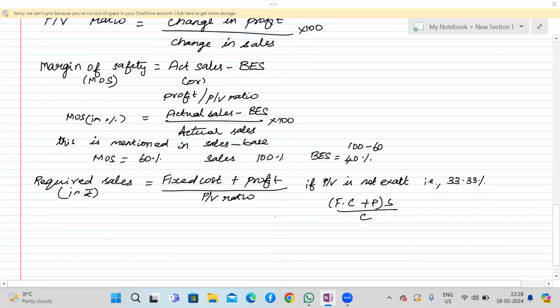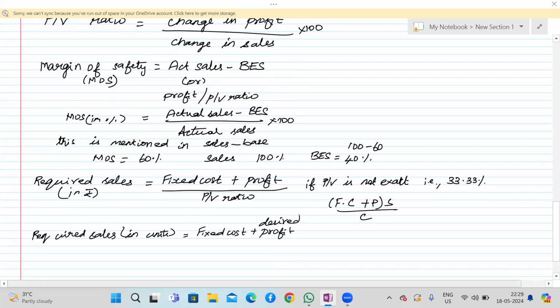That is, here I'm referring to selling price per unit divided by contribution per unit. And if I want required sales in units, then my formula will be fixed cost plus desired profit, divided by contribution per unit.